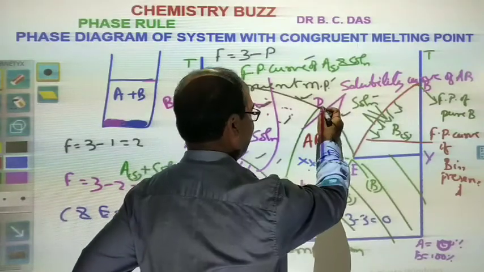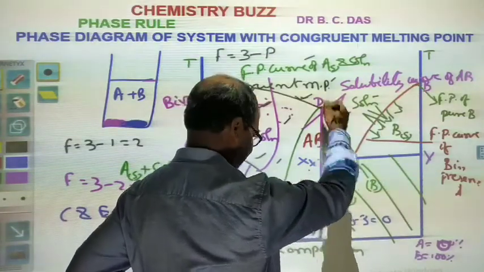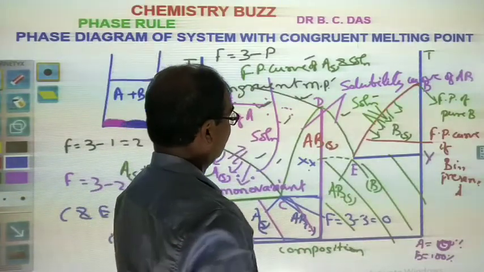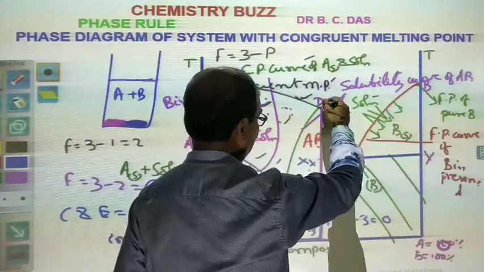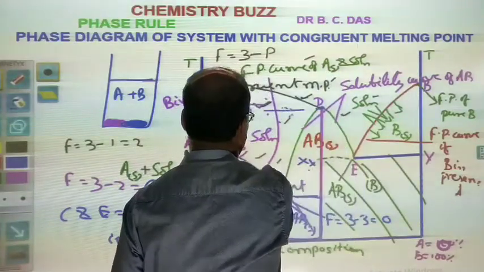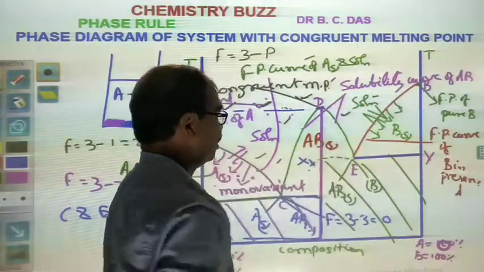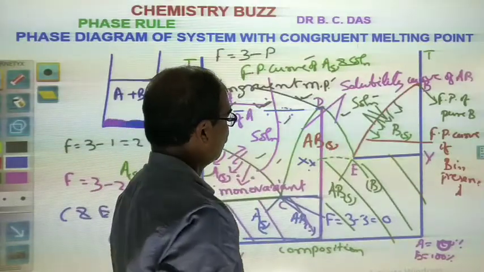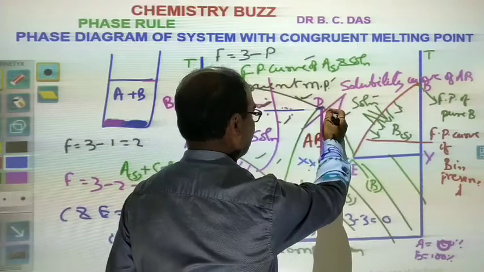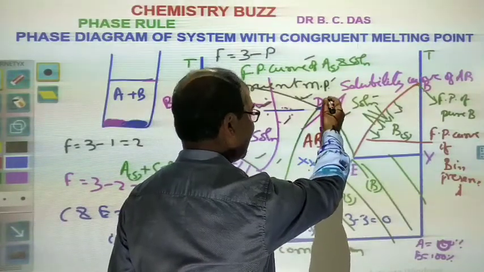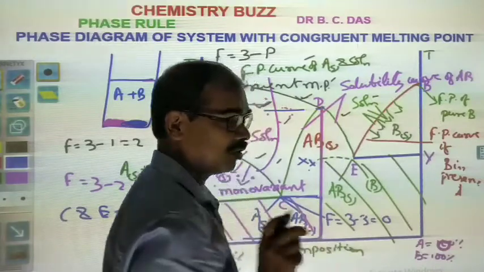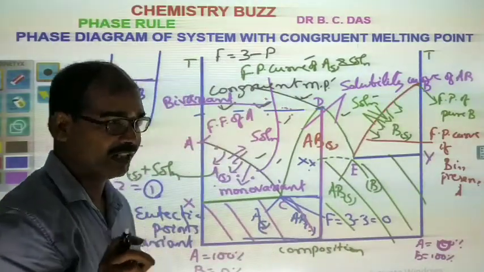In the congruent melting point, it behaves as a single component, because the whole solution will solidify at this temperature as AB, without any change in composition.